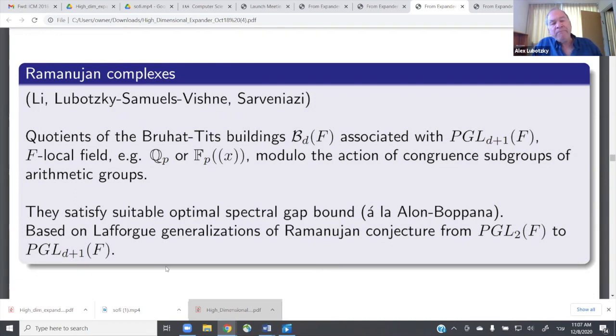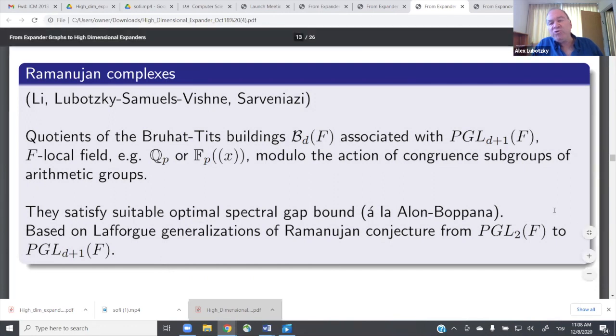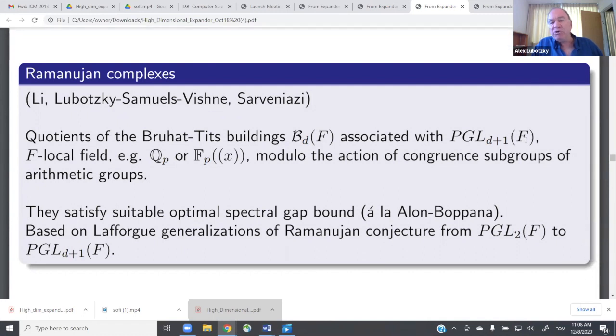Because you remember that the Ramanujan graphs that I presented before were obtained by looking at PGL2 of a local field F, taking the associated tree called the Bruhat-Tits tree, dividing it by some congruence subgroup, and we got a graph. There is a higher dimensional theory.